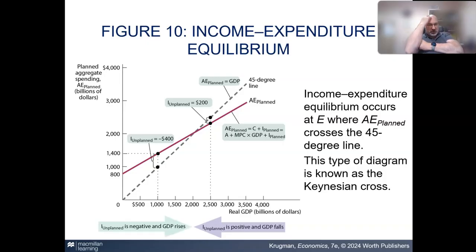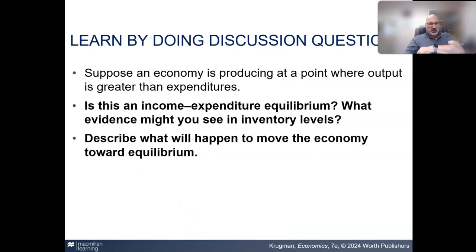I was positive 200 at 2,500, and I'm negative 400 there. So at 2,500, GDP needs to fall, and at 1,000, GDP needs to go up. At 2,000, we're even.